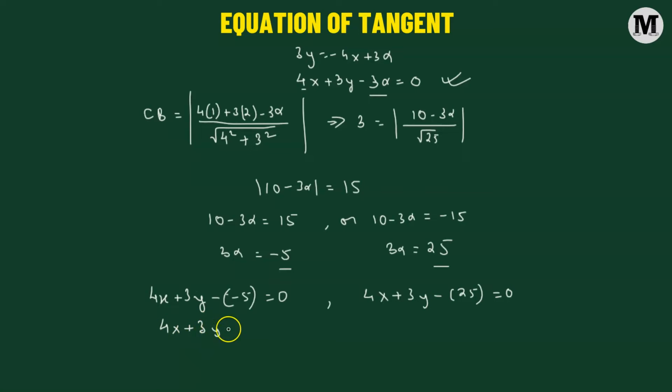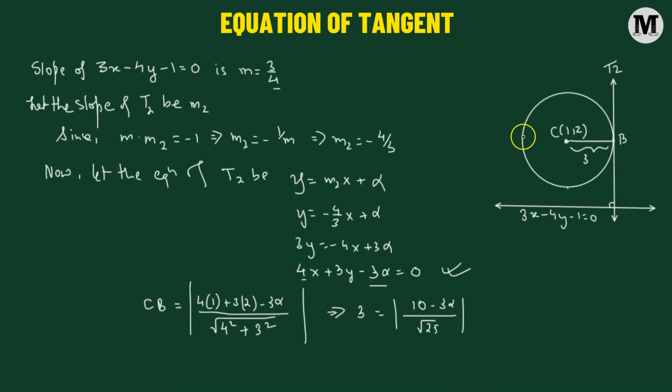So we have 4x plus 3y plus 5 equals 0, and the other equation will be 4x plus 3y minus 25 equals 0. So these are the two equations of the tangent line, and we're getting two equations because we have one more tangent. Let's call this the tangent T2 prime, with the condition that it is also perpendicular to the straight line 3x minus 4y minus 1 equals 0.